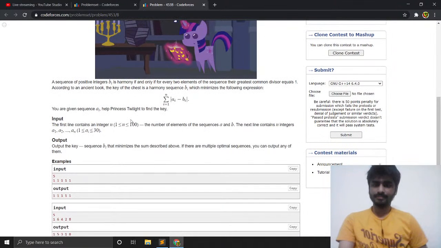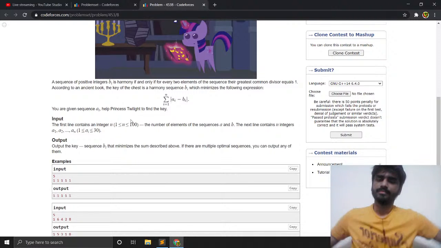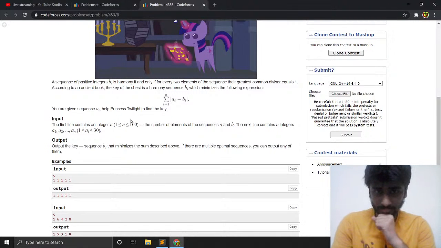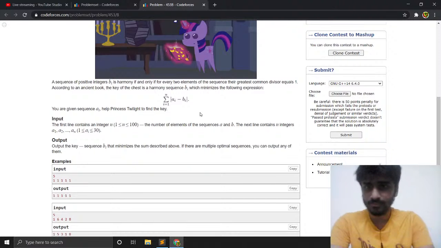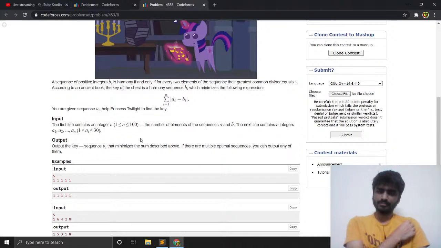So we need all coprime numbers. We need to minimize this value, right?